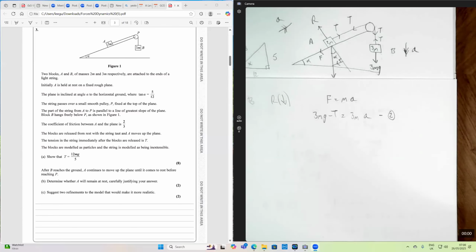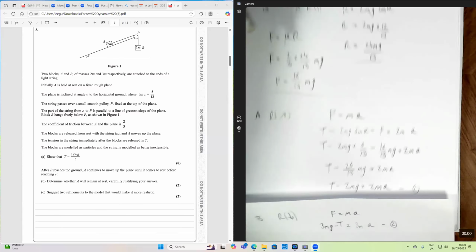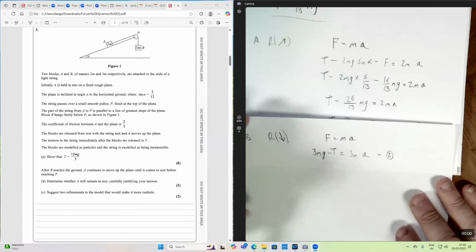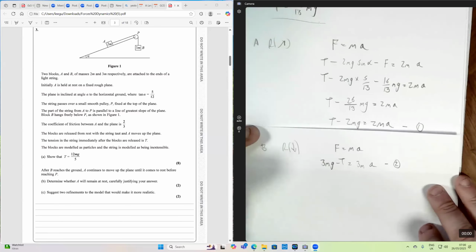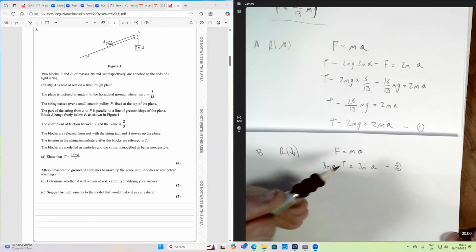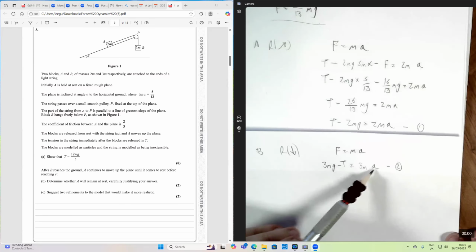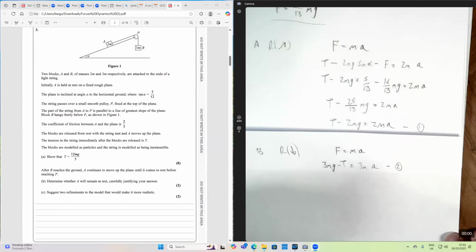Okay, now we've got two equations, both involving T and a. Now we're being required to show here that T is equal to 12mg/5. So I think I could just rearrange this equation to make a the subject, or indeed this equation, and sub one into the other. That would be perfectly fine.